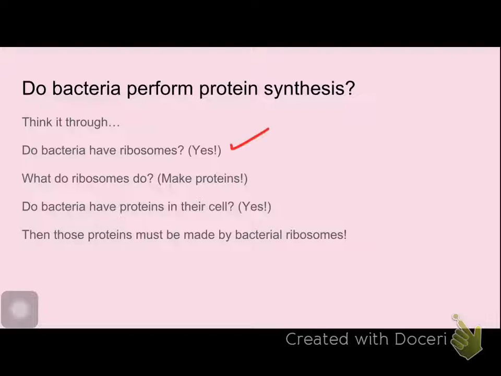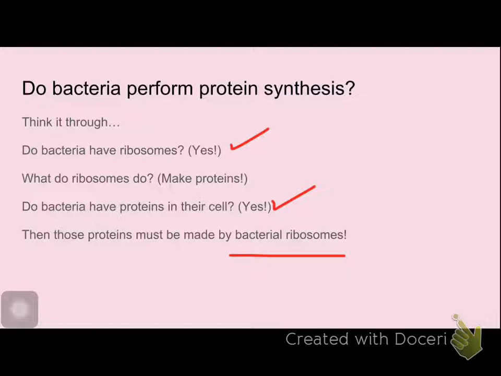Yes. What do ribosomes do? Make protein. Do bacteria have protein in their cells? Yes. Then those proteins must be made by bacterial ribosomes.